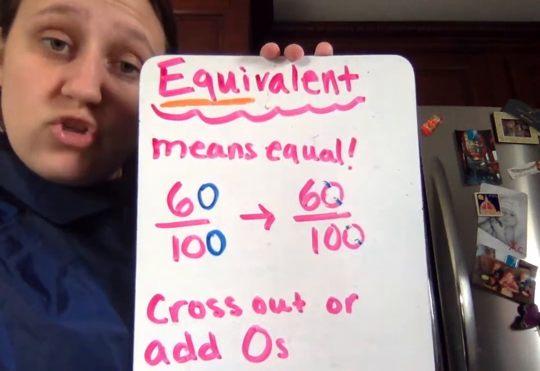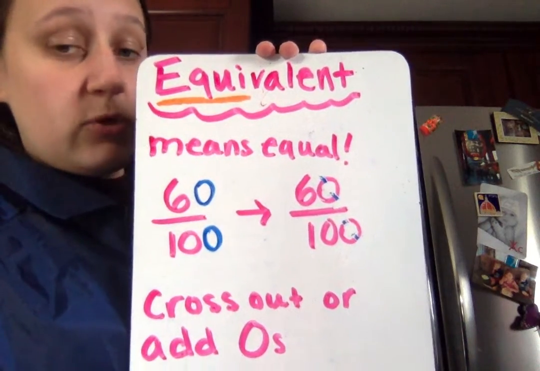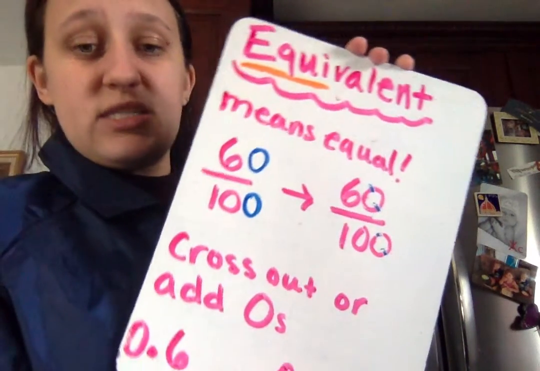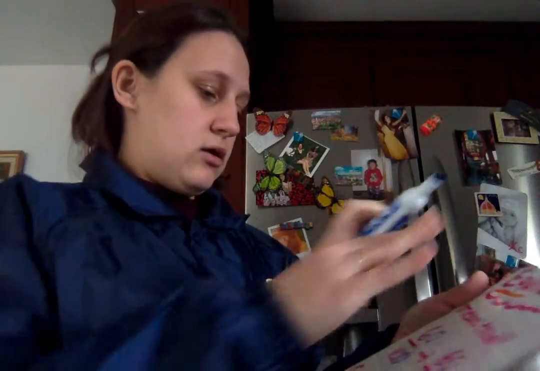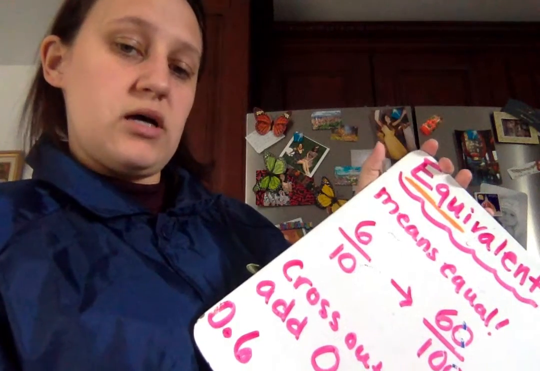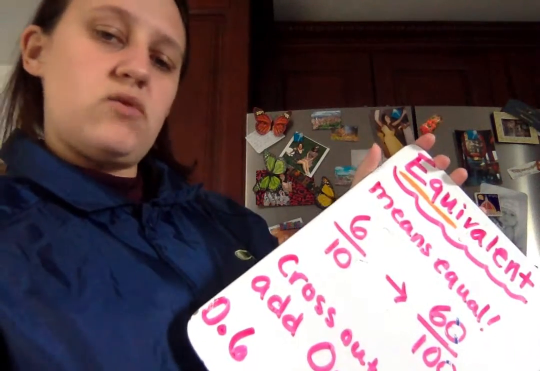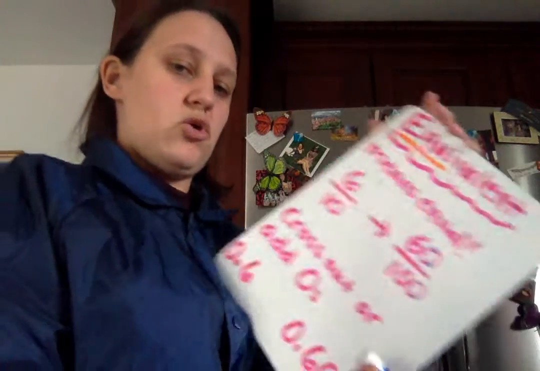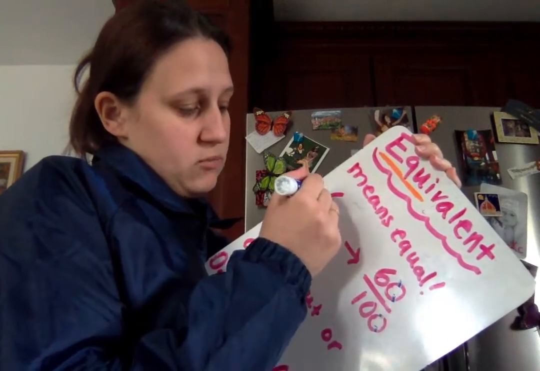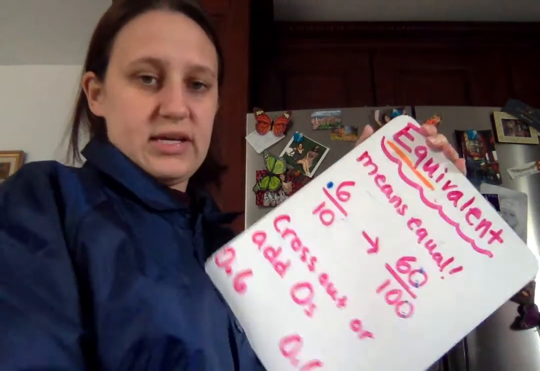And you can actually do the same thing with decimals. So the decimal for 6 over 10, and I'll erase this so that we can see it, the decimal for 6 over 10 is 0.6. 6 over 10 is 0.6, because all we do to figure that out is put a decimal right before the 6.